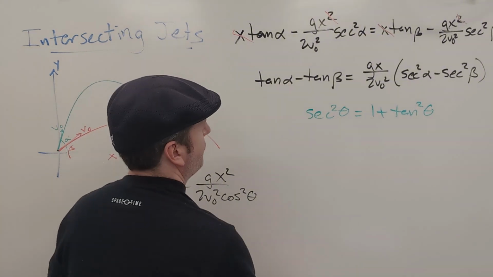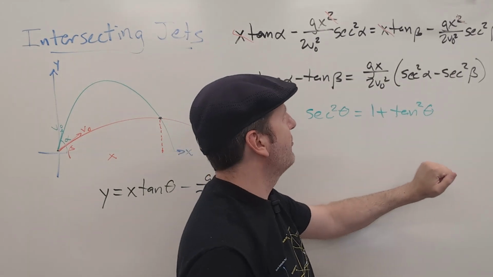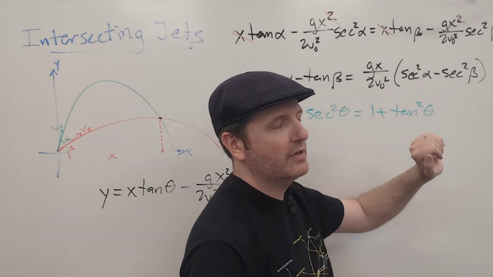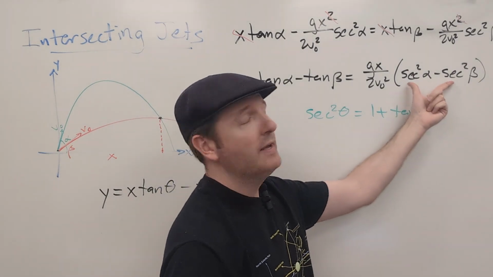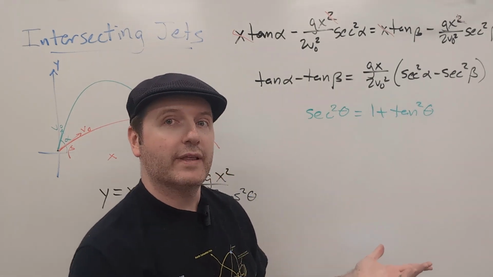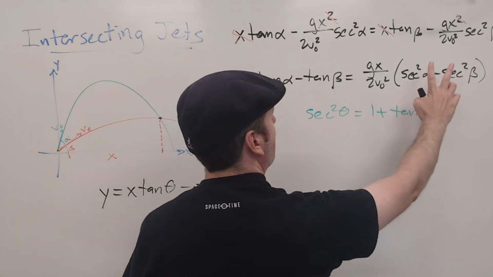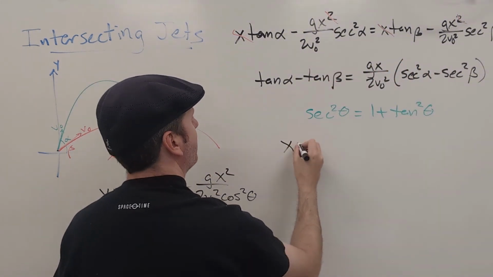And if we use that relation here for these two secants, I'm going to get a 1 plus tan squared alpha minus 1 plus tan squared beta. The ones will cancel, and I'll just end up with a difference of tangents squared. Now that looks pretty nice because it's a difference of squares, and we know how to factor that. So let's go ahead and write that as a difference of tangents, and then solve for the x by itself.